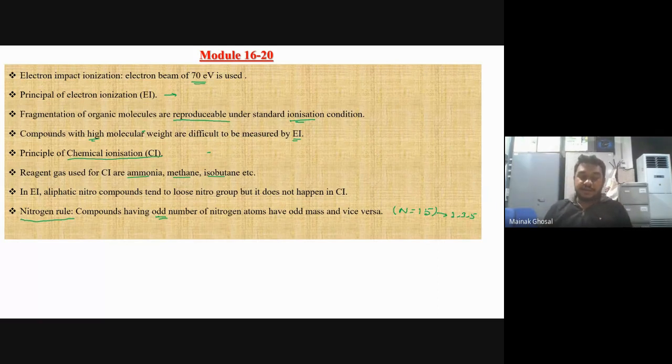This odd mass will be added up, and you will always get an odd number if it was not odd beforehand. Generally, nitrogen has a mass of 15, and this creates the odd mass. And compounds with an even number of nitrogens will have even mass.